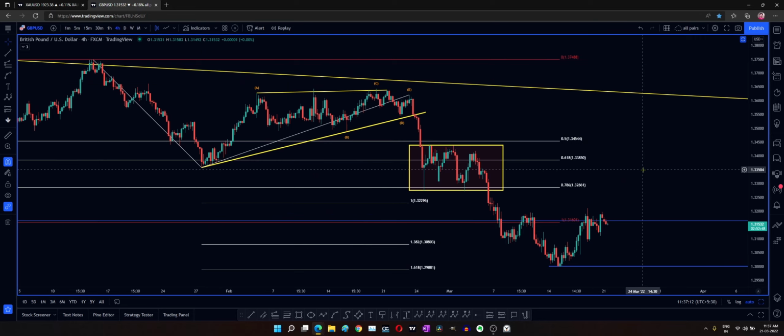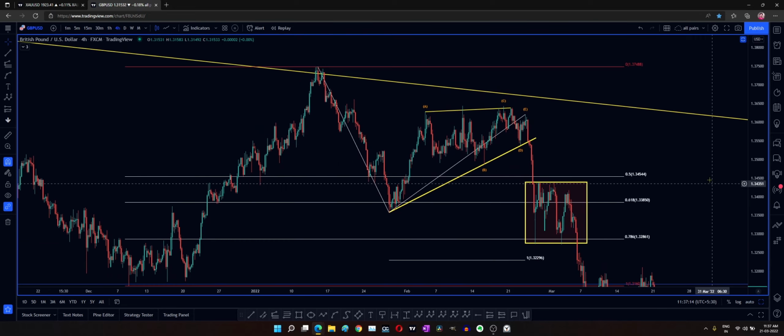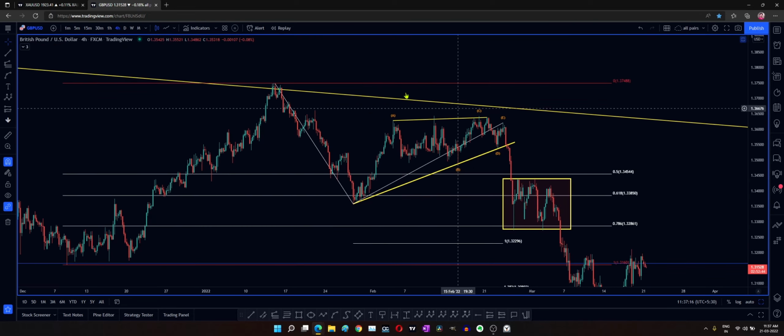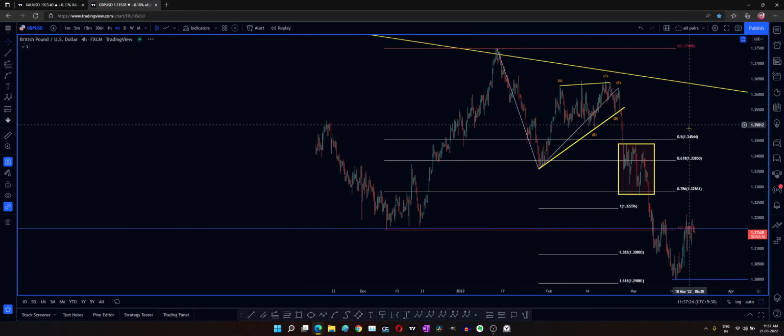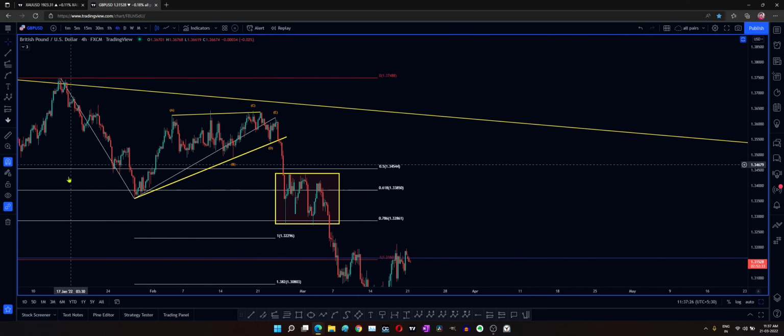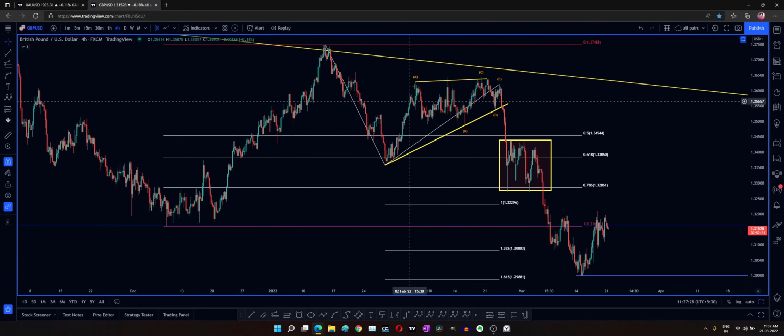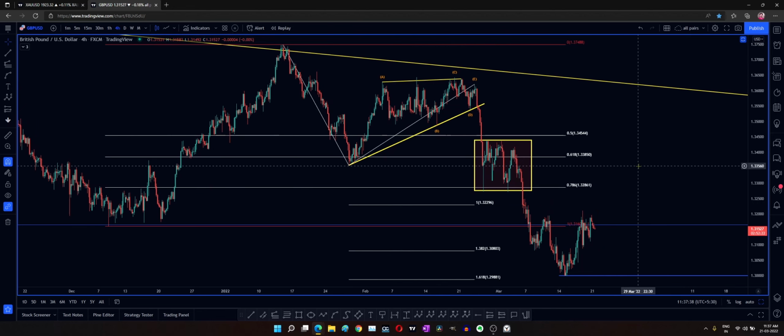If we go to H4 time frame, then you can see this bearish trend was started from test of this yellow trend line, which is visible on daily time frame. First it made this A B C D E triangle. This triangle had breakout during Ukraine-Russia crisis, then flat correction.